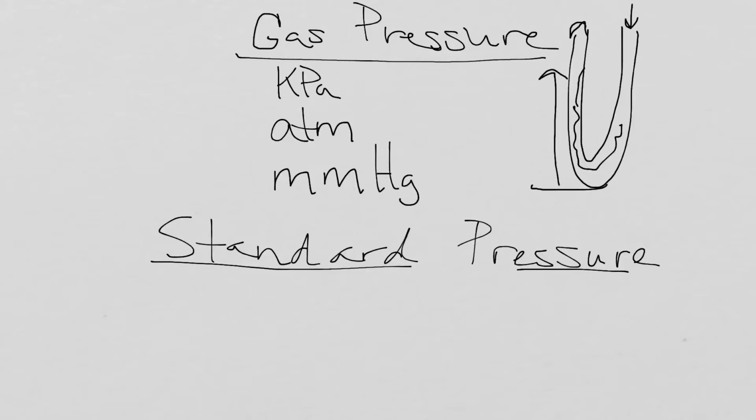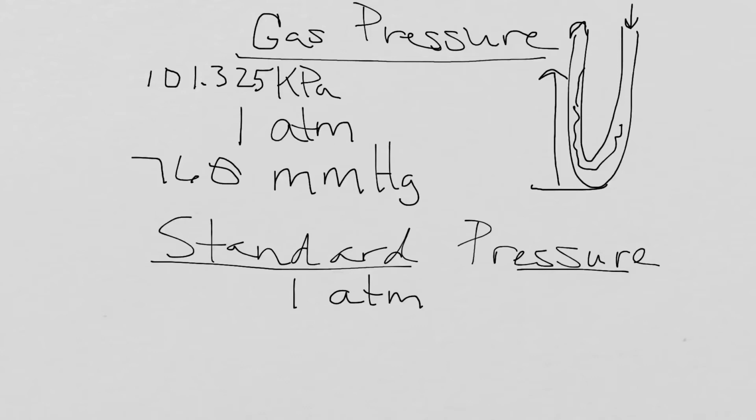So anyway, standard pressure, remember, was 1 atmosphere. Now, if I tell you the other standard pressures, like in mmHg and kPa, they'll all be equal to each other. So this one is 101.325 kilopascals. And millimeters of mercury is 760 millimeters of mercury.